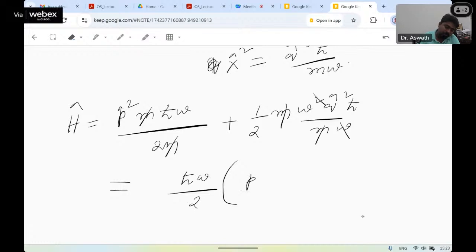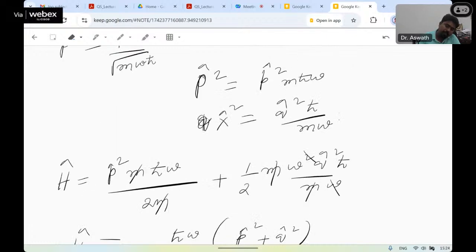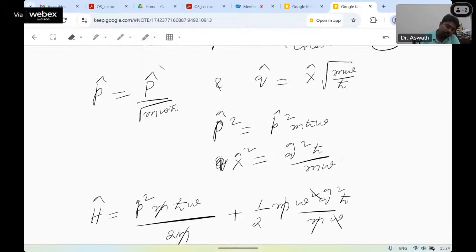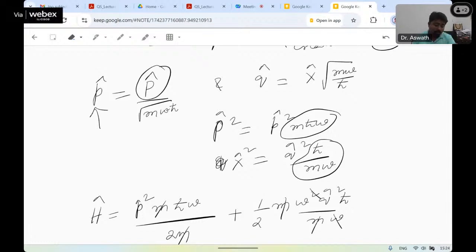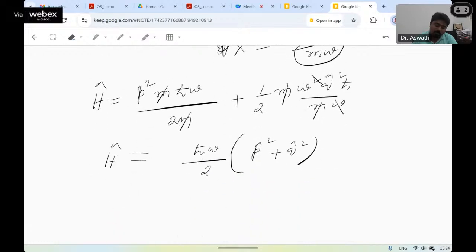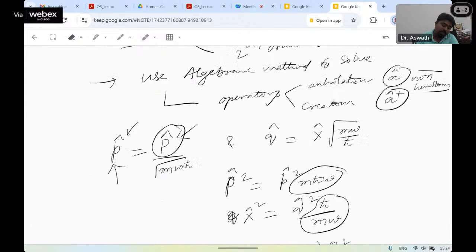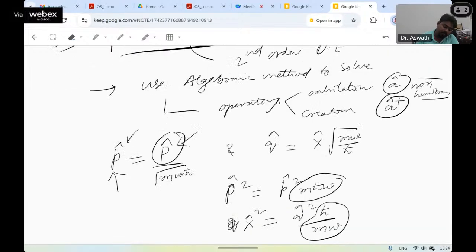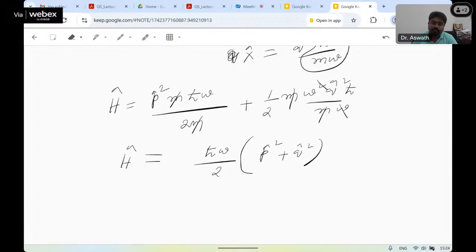Put a hat every time, don't forget, because it's a quantum system. See here, the moment I changed the capital P to small p, by introducing some scaling factors, remember, capital P is Hermitian and small p is also Hermitian. Now I got rid of so many extra factors which were there in the Hamiltonian. Those things were reduced to some smaller section.